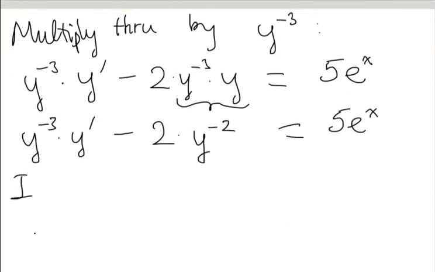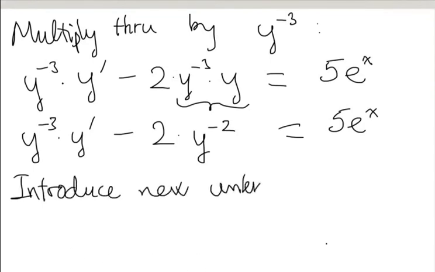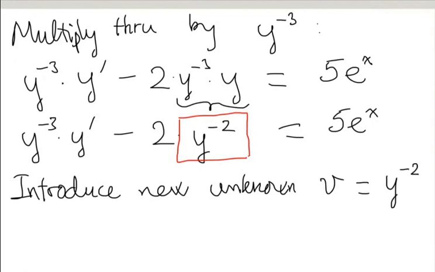Now we introduce a new unknown v, and v is just whatever powers of y we received in the previous step. So y to the negative 2 here.